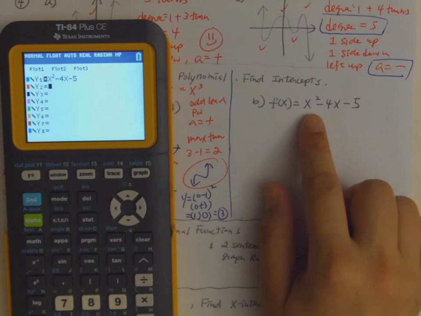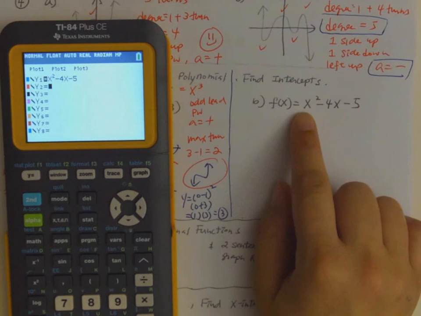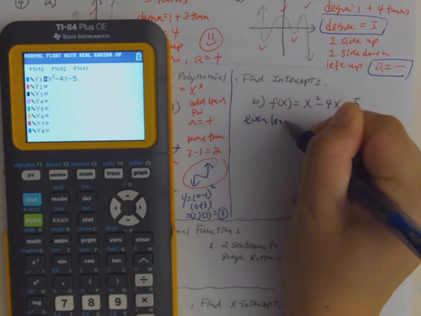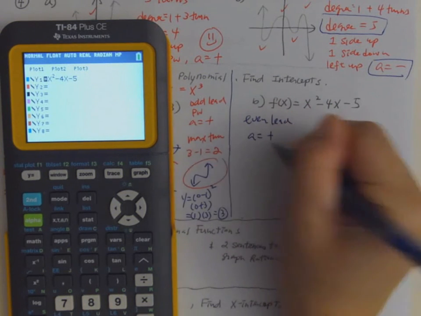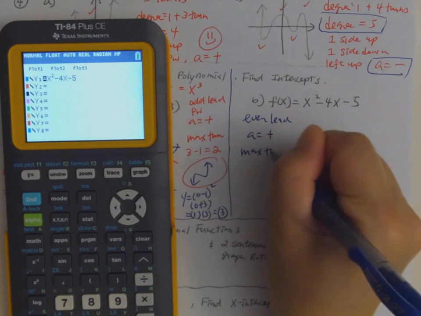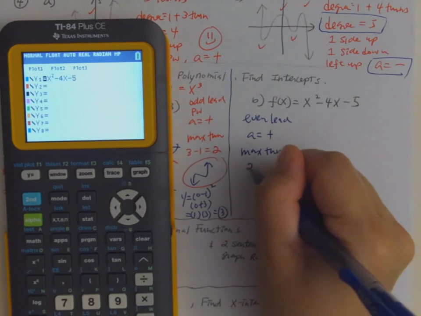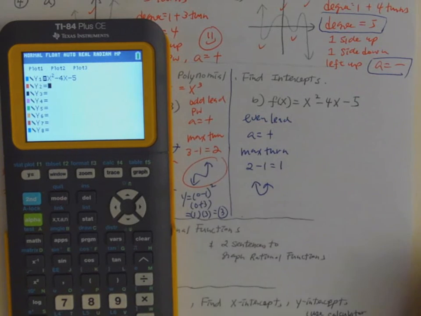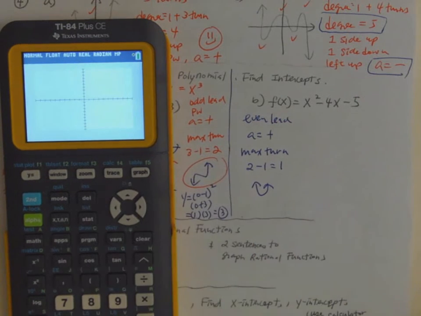So I know this is even leading power with A positive, right? So even leading, A positive, the maximum turn is going to be 1 less than 2, equal to 1. So I know it's supposed to look like an open-up parabola like that, right? So we can graph it and double check.